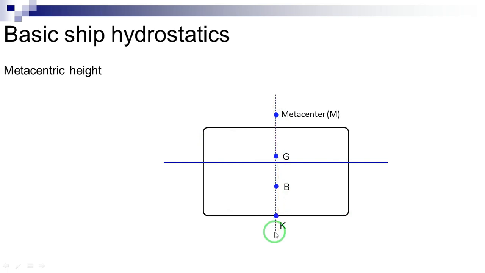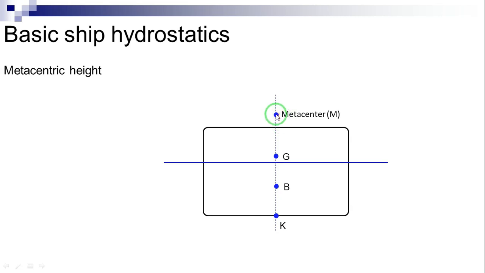Thus K is the origin of Z coordinates. A good recommendation is to choose K as the lowest point of the ship keel. Then there will be no negative Z coordinates. In the same figure, M is the initial metacenter, that is the metacenter corresponding to the upright condition.